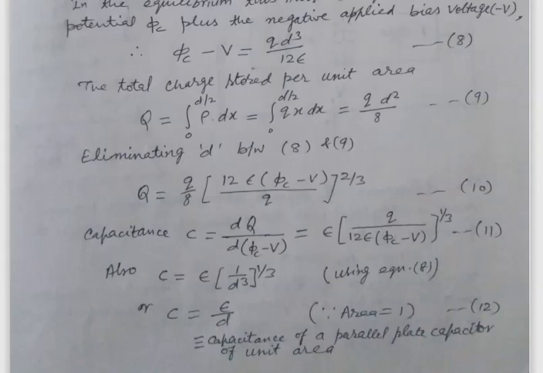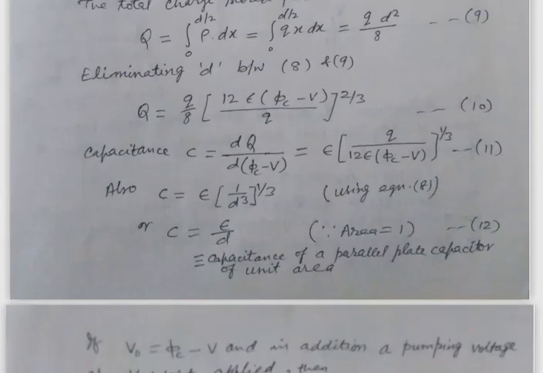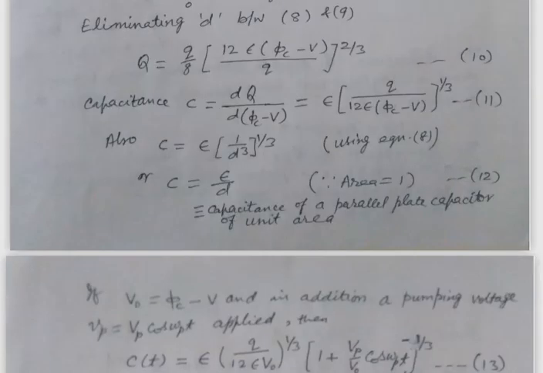Now it is also interesting that if we put the value of phi c minus V from equation number 8, then this expression for the capacitance comes out to be C equal to epsilon upon d.